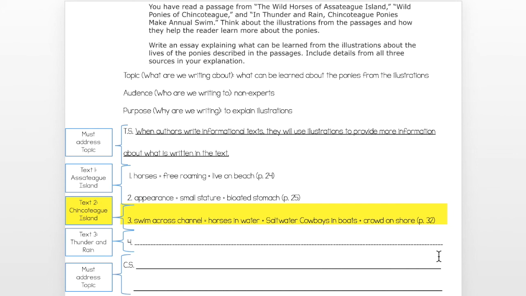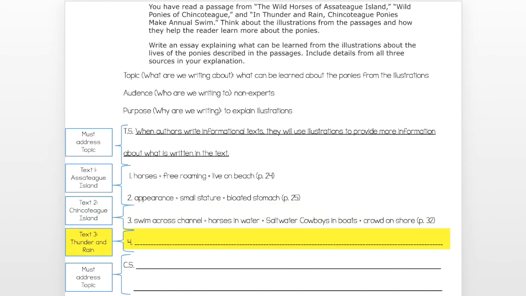I've also noted that this illustration is on page 32, so when I'm writing, I can go back to my text to reference and add any more details I need. Again, I wrote this in note-taking form, and I know when I write my final essay, I'm going to need to add a transition word and transfer this idea into a strong, complete sentence.